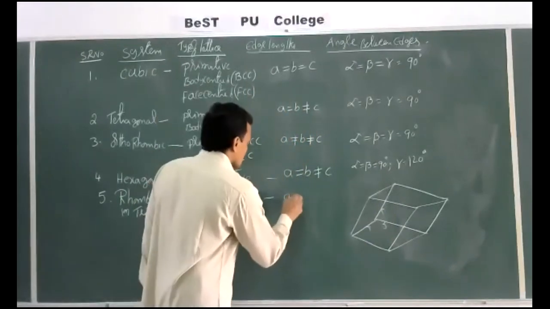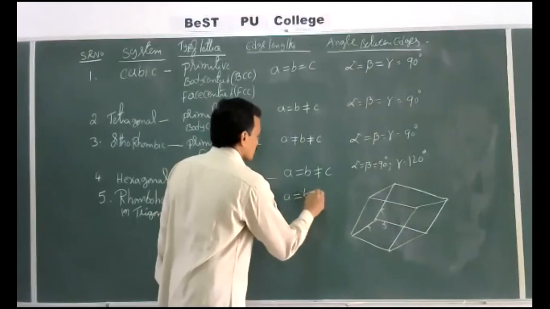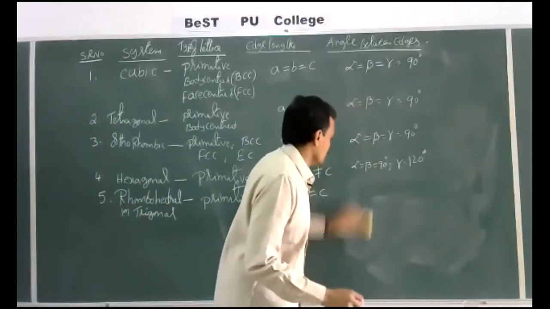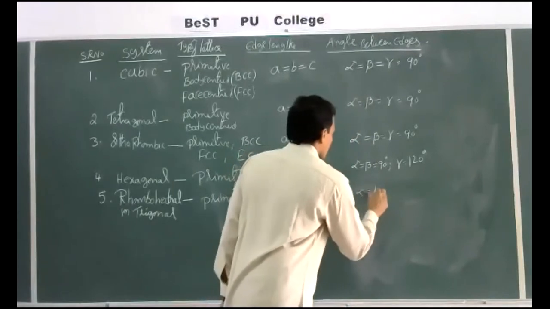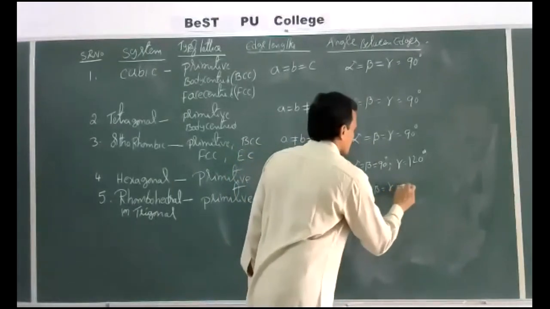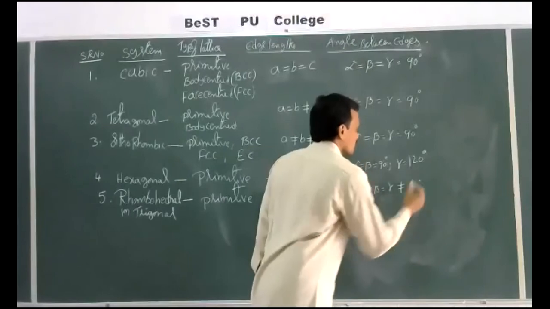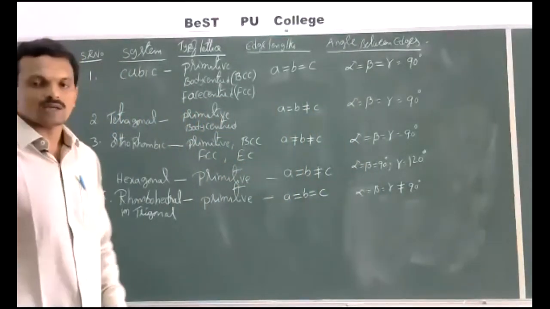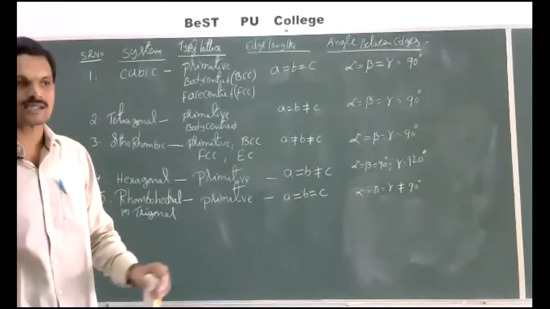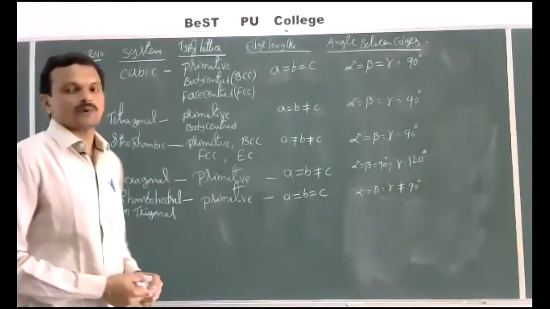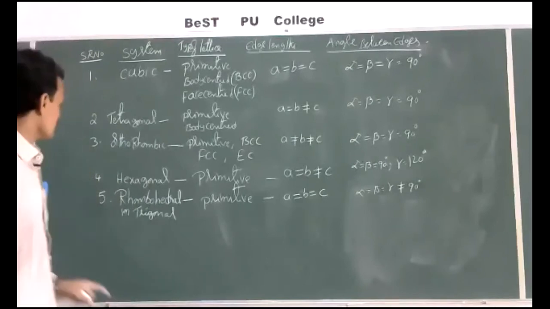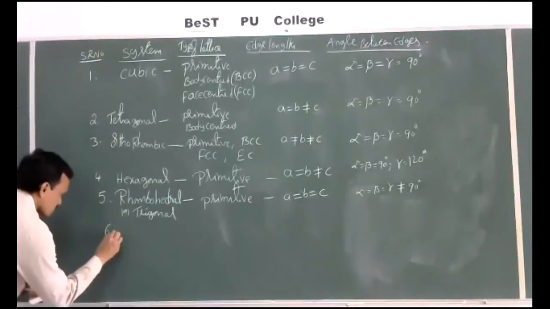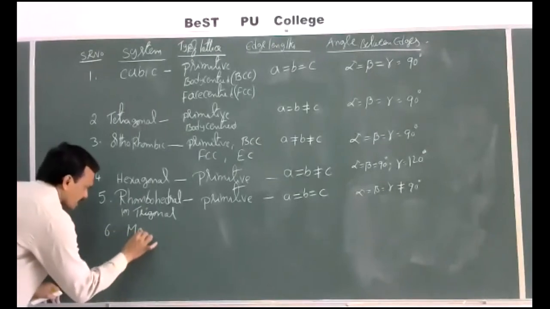So here A is equal to B is equal to C, and alpha is equal to beta is equal to gamma, which is not equal to 90 degrees. All angles are equal to each other but not equal to 90, means the three axes are not mutually perpendicular to each other. So this is rhombohedral. Next, sixth one, monoclinic.